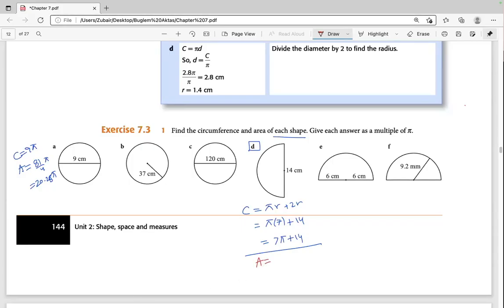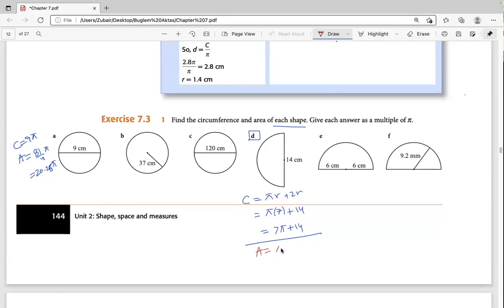And area will be 49 pi? No. So 24.5 pi because we divided by 2. Wait, but don't we have to divide it by 2?